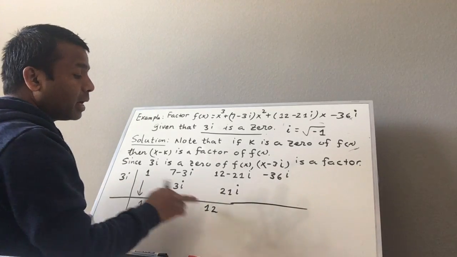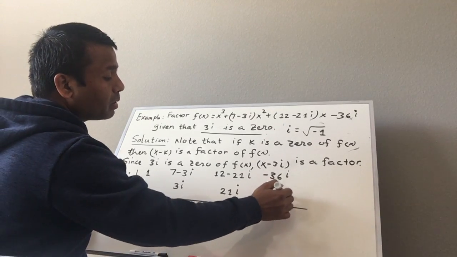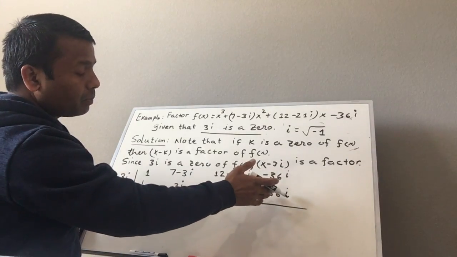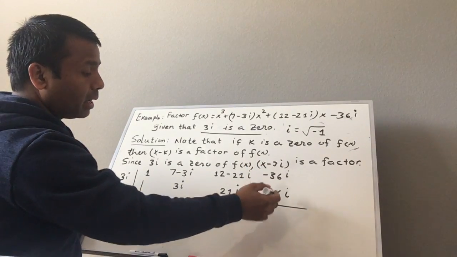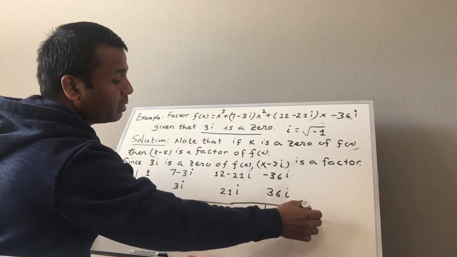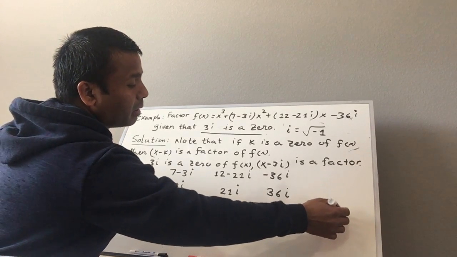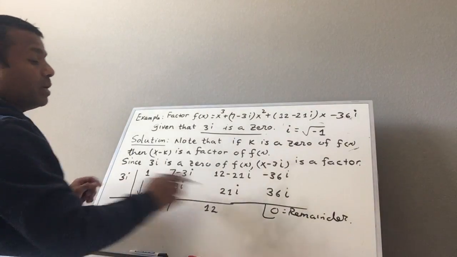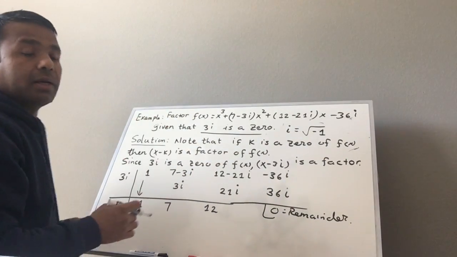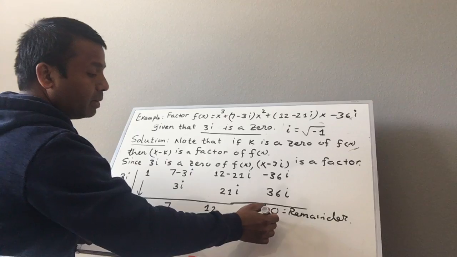And 3i times 12 is positive 36i. And negative 36i plus 36i is 0. So this is your remainder. You know that since 3i is a zero of the polynomial, you will get the remainder 0.